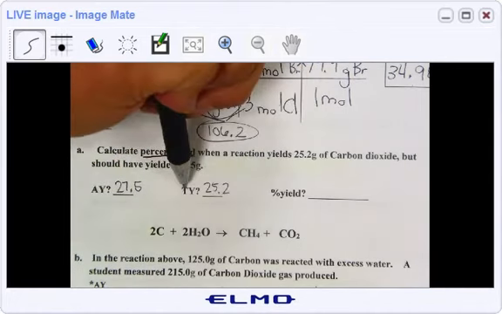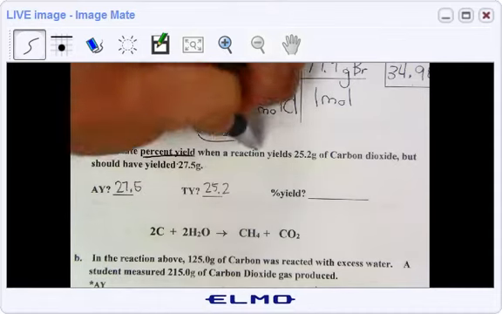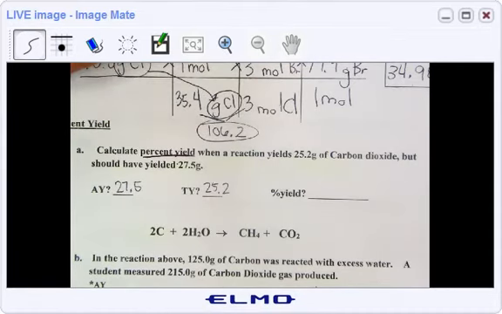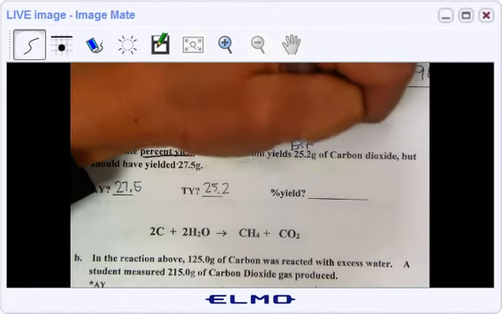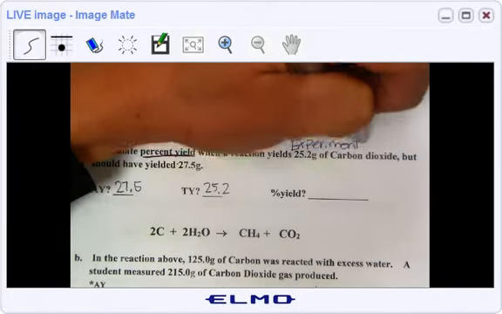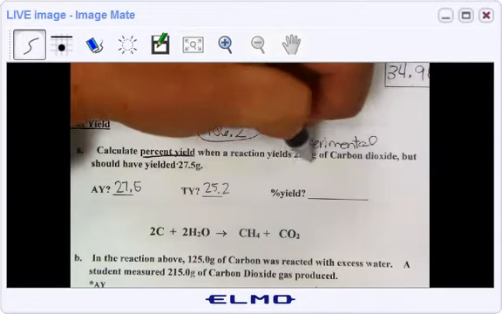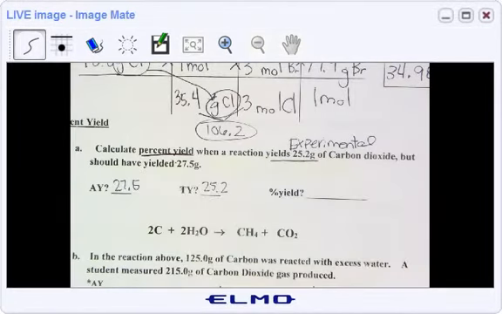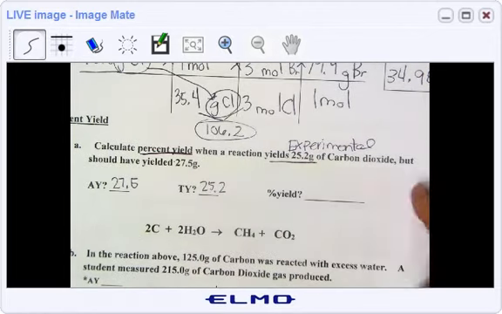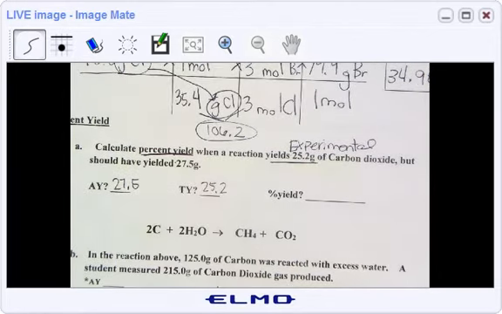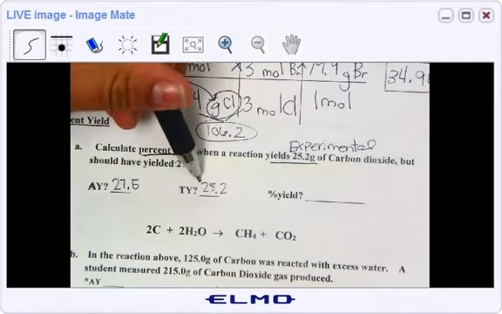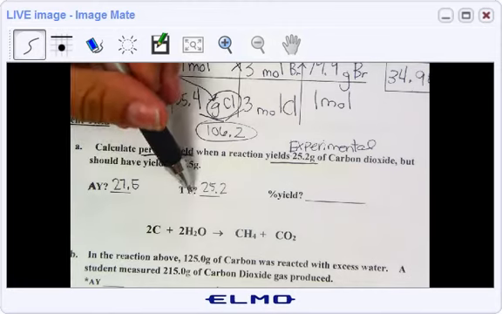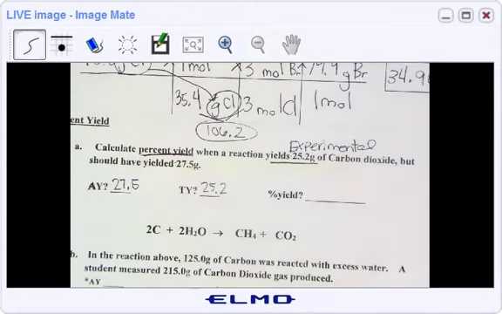So your theoretical yield, you can consider it being the experimental number. If you had an experiment and this is what you got, but you should have yielded this. This is what you actually should have gotten, okay? But instead you got this. So you divide them and multiply by 100.